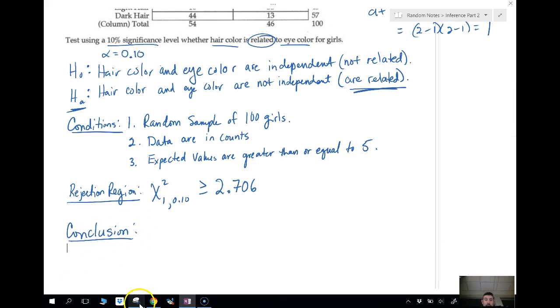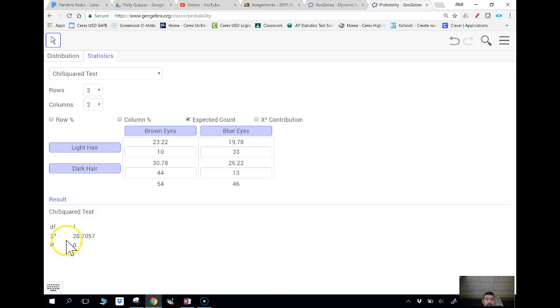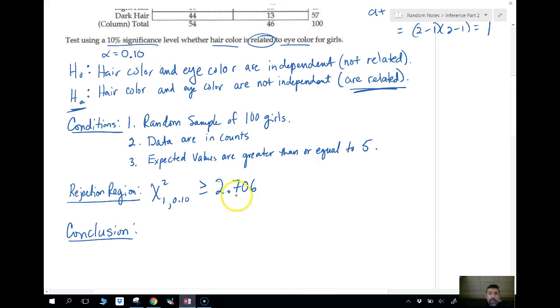Okay, what is our chi-squared value according to GeoGebra? Well, let's go back over here and look. Our chi-squared value according to GeoGebra was 28.7057. So knowing that the chi-squared is 28.7057, are we going to reject or fail to reject our null hypothesis? Reject. It's clearly bigger than 2.706.